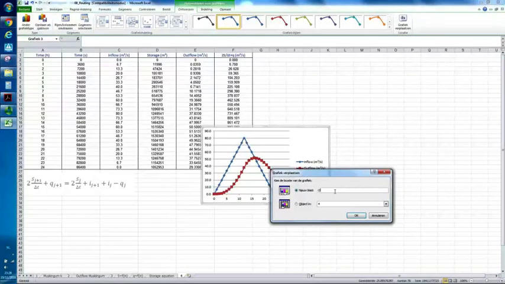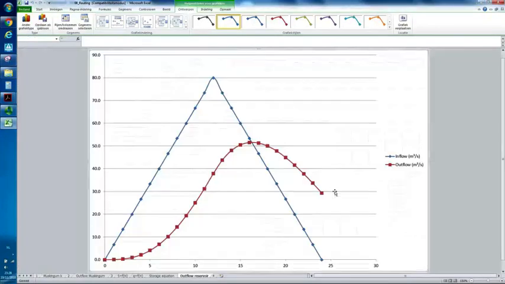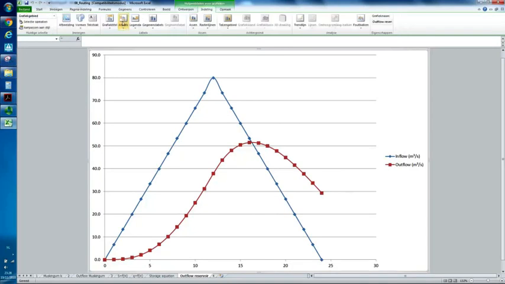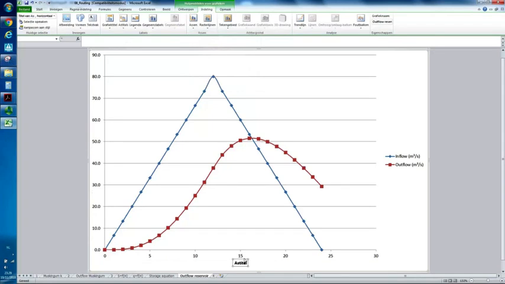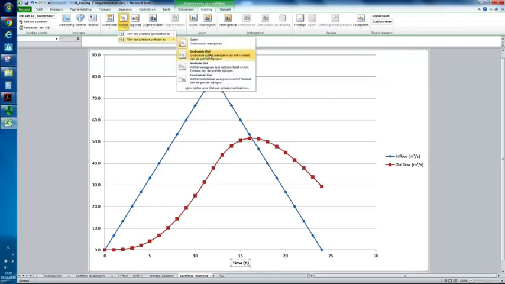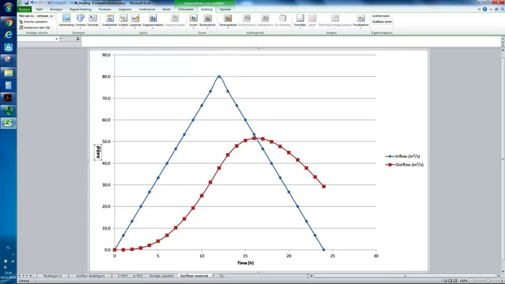Call it Outflow Reservoir like this. Our titles, horizontal axis will be time in hour, and the vertical axis is flow in cubic meters per second.